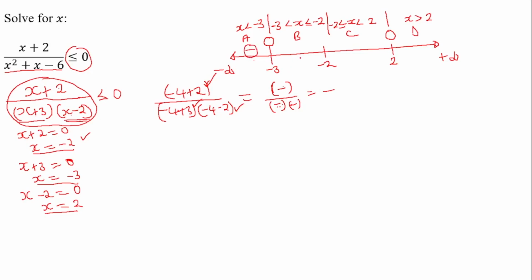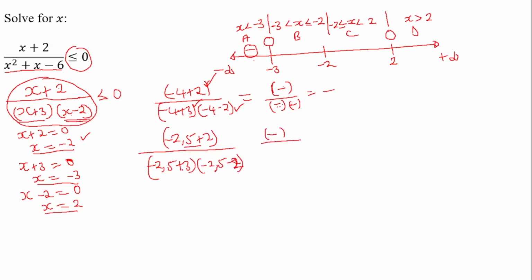And then we go to the next one. Let's check B part. Let's pick any value which is between negative 3 and negative 2. Let's say negative 2.5. Where there's x, we put negative 2.5. Negative 2.5 plus 2, that would be negative.